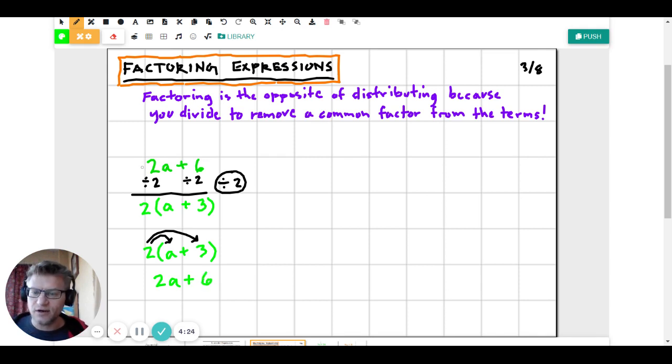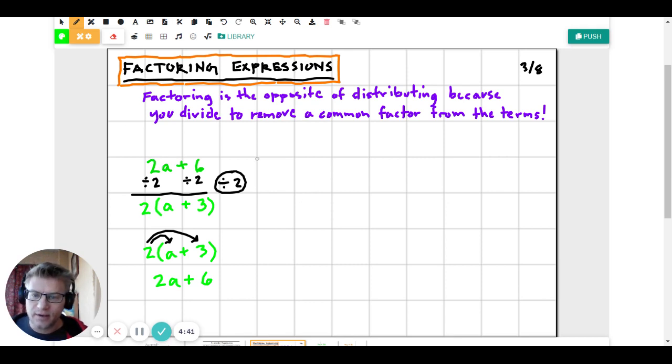So notice we started here, divided, took it to the factored answer, and then we distributed it back out and come back to the same thing. So all of these expressions are equivalent. They're all the same.